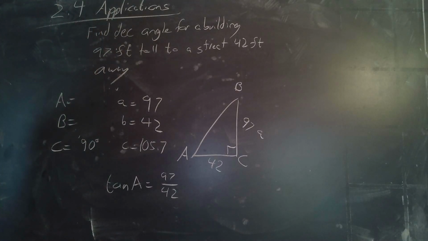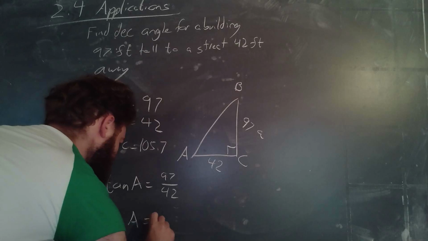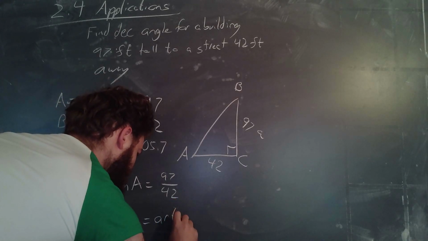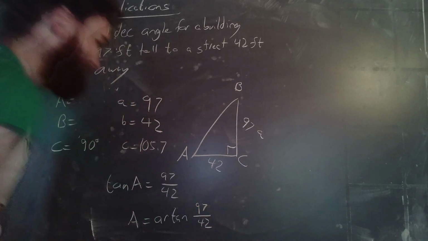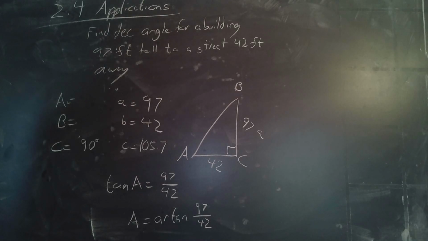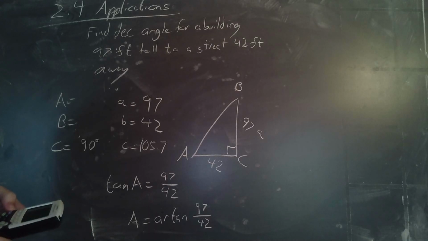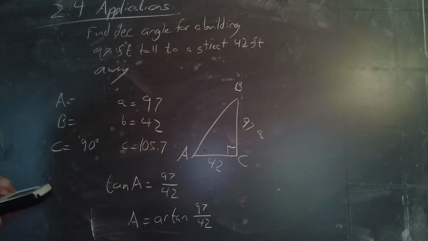And then again, by applying the arc tangent to this problem, we can isolate A, typing in arc tangent of 97 over 42. That's second tangent 97 over 42.